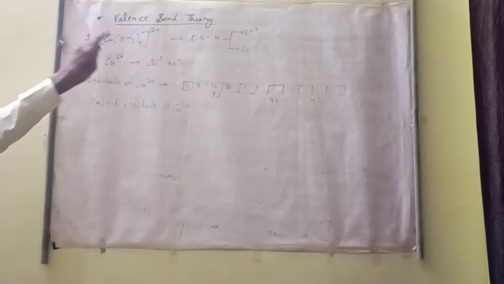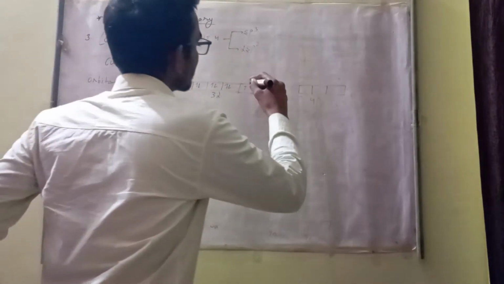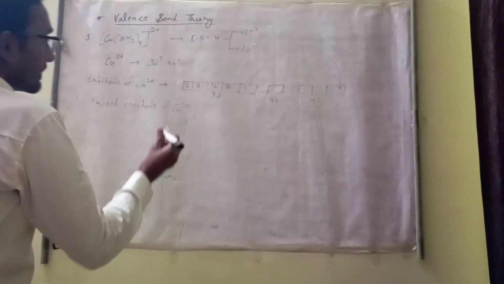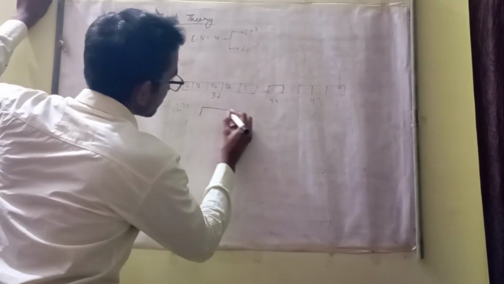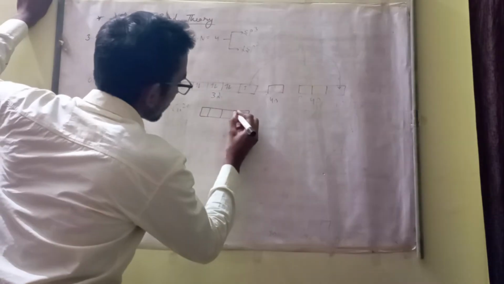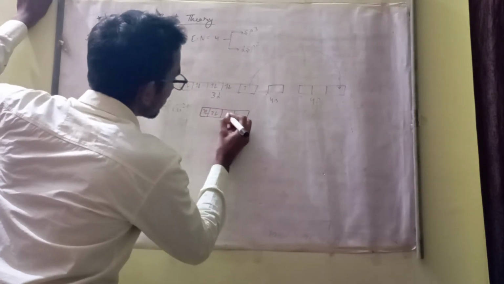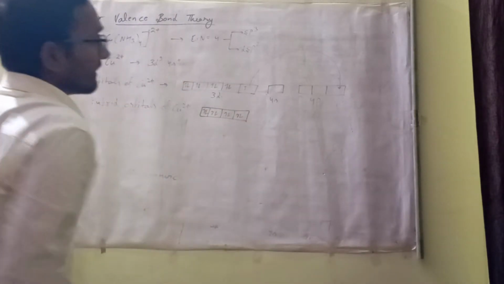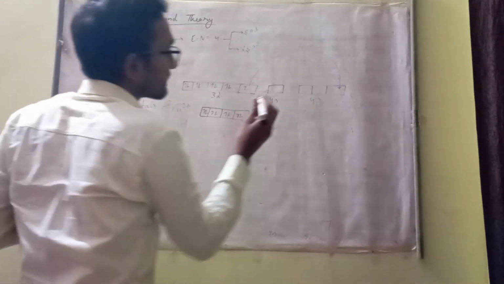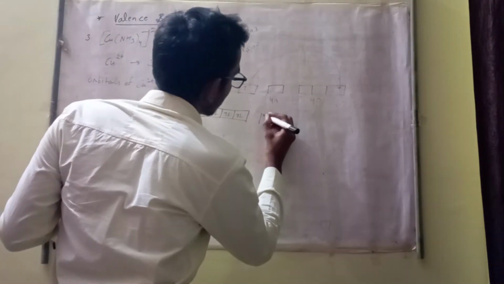In the case of copper 2+, one electron is transferred to the p orbital. One of the d orbitals is vacant and the ligands are 4.